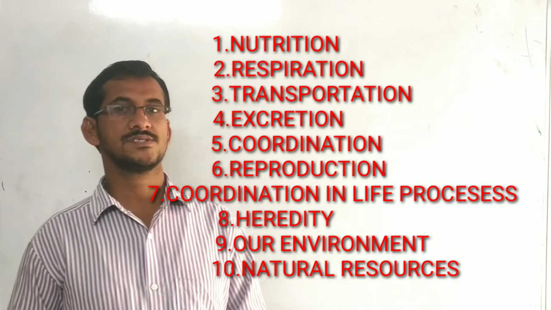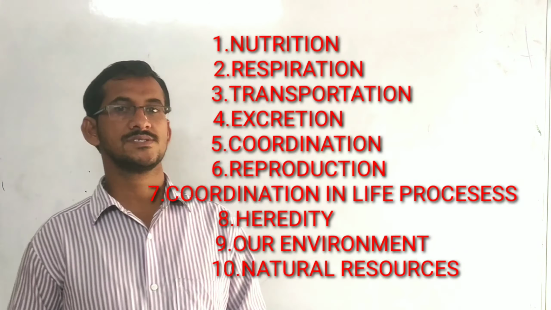The next experiment is, how can you prove that carbon dioxide is released during aerobic respiration. Fourth one is, how can you prove that heat is released or liberated during aerobic respiration. So these are the 4 from second chapter. From these 8 you are going to get 1 experiment.